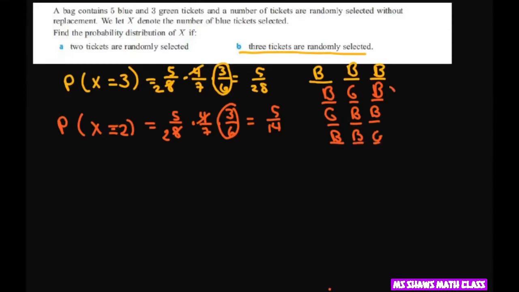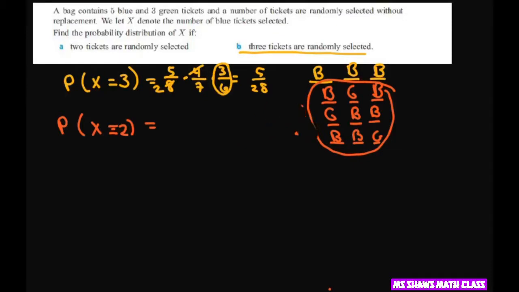So that's 3 possibilities, so we multiply by 3. I don't think I did this part right.